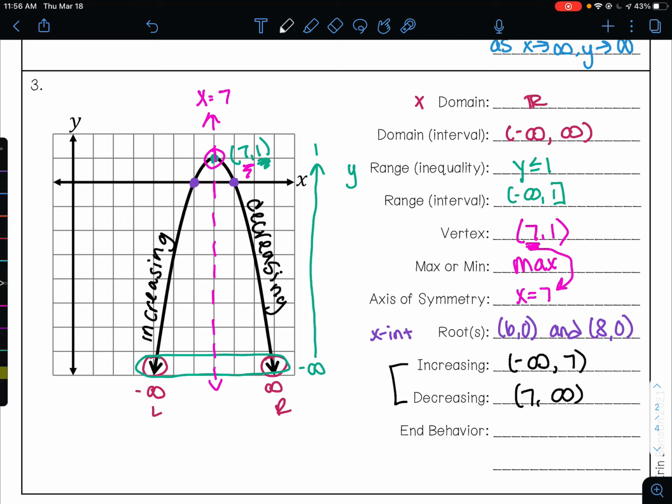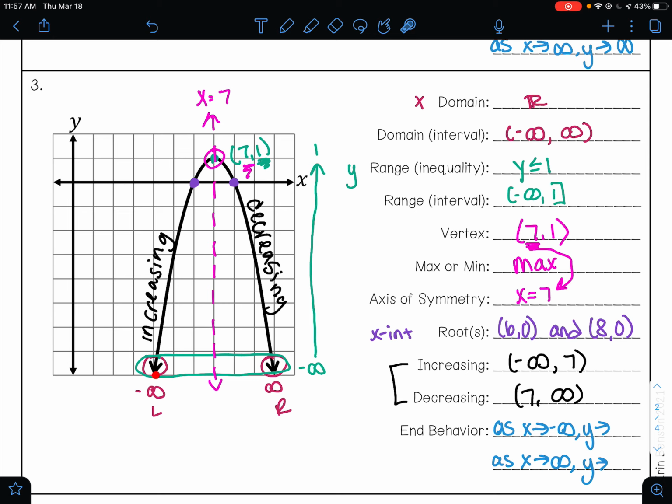And then for our end behavior, as x approaches negative infinity, we want to figure out what y is doing. And as x approaches positive infinity, we want to figure out what y is doing. So as x approaches negative infinity, that's telling us to look at the left side of the graph.